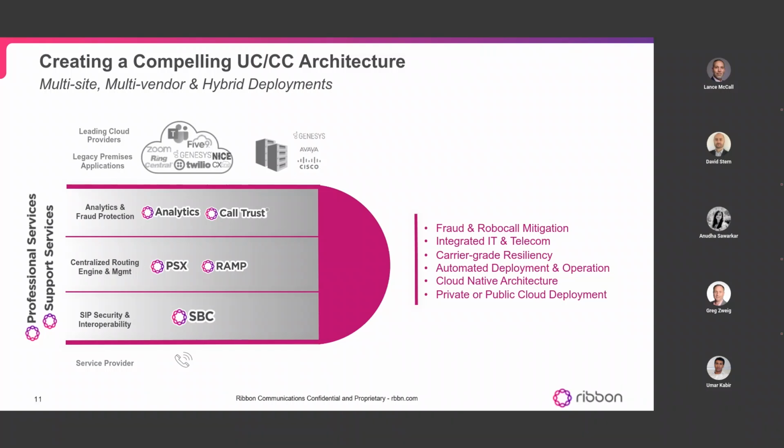And all of that has been tested and validated for interoperability with common real-time communications call center applications coming from folks such as Genesys and Five9, for example. It interworks with real-time communication switches, such as those coming from Avaya and Cisco. Also interworking with cloud-based services, such as Teams or Zoom or Twilio, RingCentral, etc.